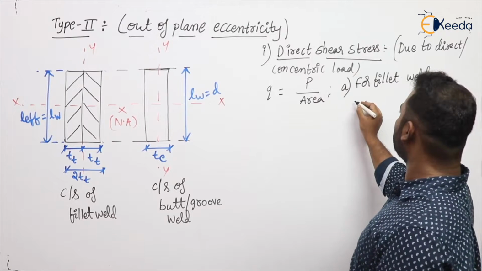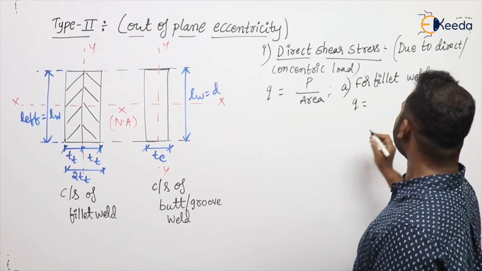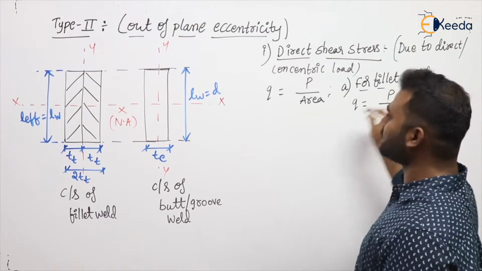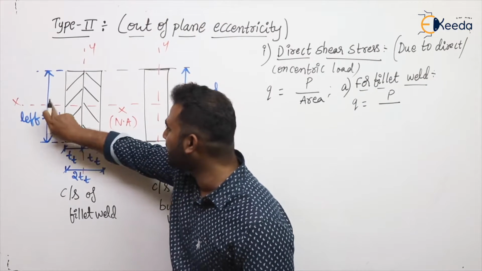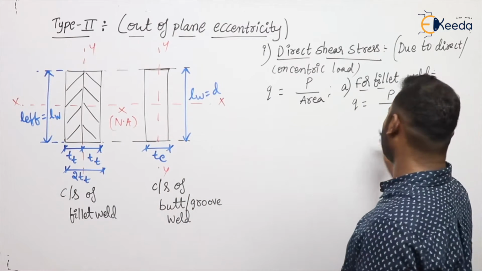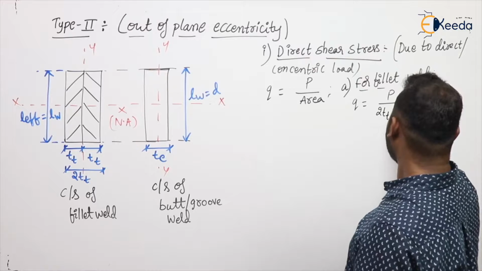Now for fillet weld, this Q is equal to load P upon area. Area is how much? 2 TT into length, L effective or LW, one and the same. For our simplicity, I'll write it as LW. So 2 TT into LW.